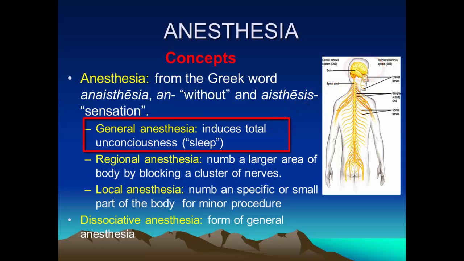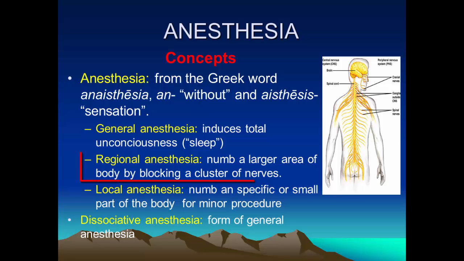In this situation, the individual is more than simply asleep because he's not only unaware of his surroundings, but he's also unable to move, feel any pain or any other sensations, and he will not remember anything that took place while being anesthetized. There are also two other types of anesthesia where we only affect certain areas of the body.